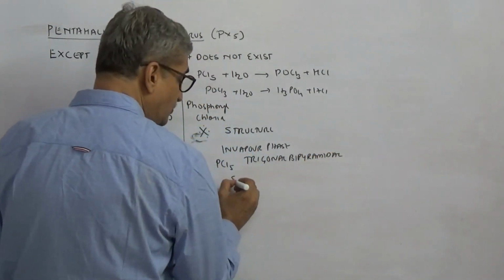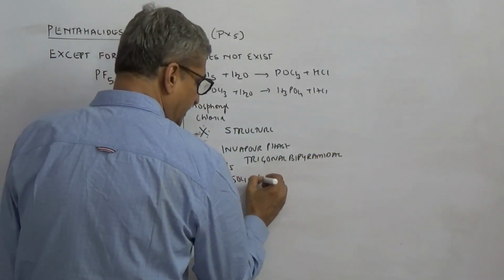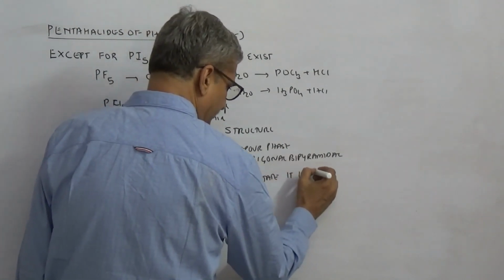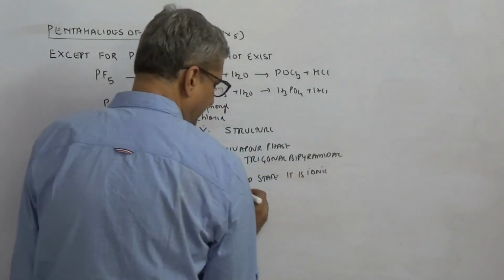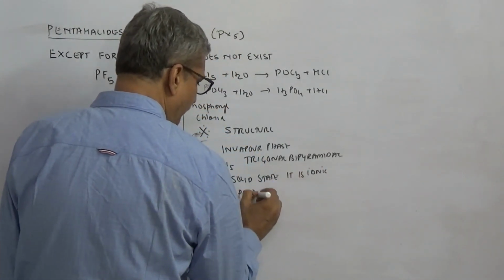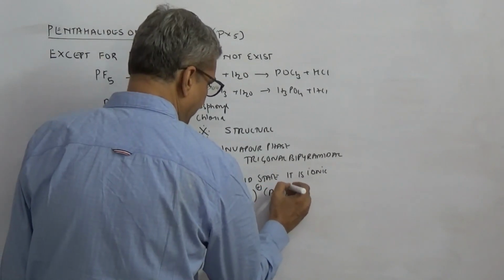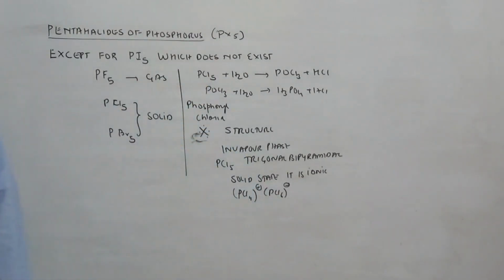But what happens in the solid state? In the solid state, this question has been asked, it is ionic. It will have PCl4 plus and PCl6 minus. This is how it exists. So it will exist in this form.